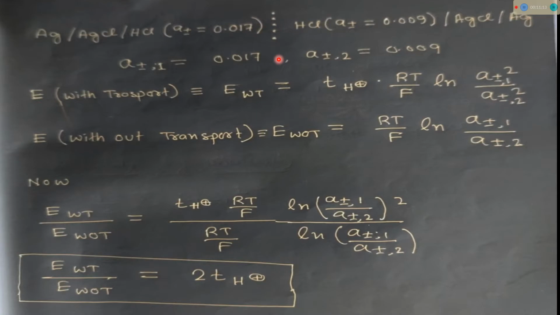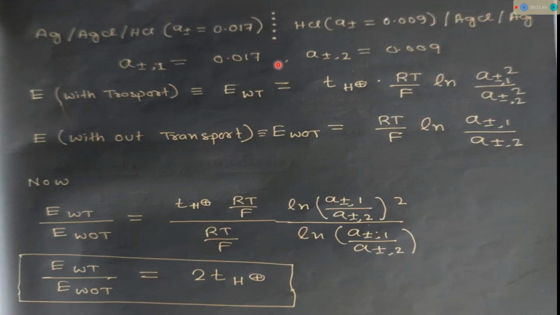These expressions are only valid if the condition a plus-minus 1 greater than a plus-minus 2 is satisfied. Here it is 0.017 and this is 0.009, so obviously a plus-minus 1 is greater than a plus-minus 2.